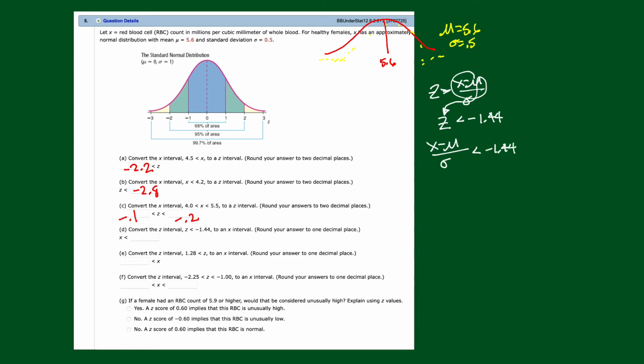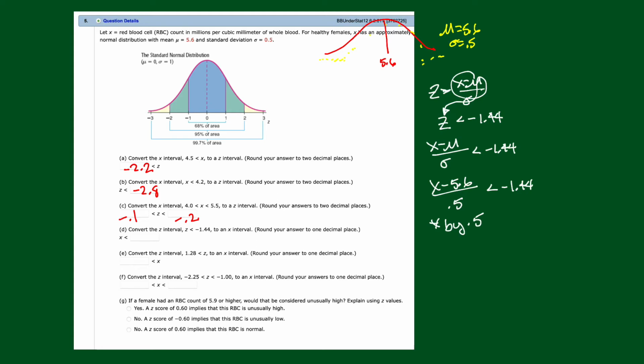Now we know the mu, 5.6, and the sigma, 0.5, so x minus 5.6 over 0.5 is less than negative 1.44. A little bit of algebra here. Let's multiply by 0.5. On the left side, the 0.5s cancel.